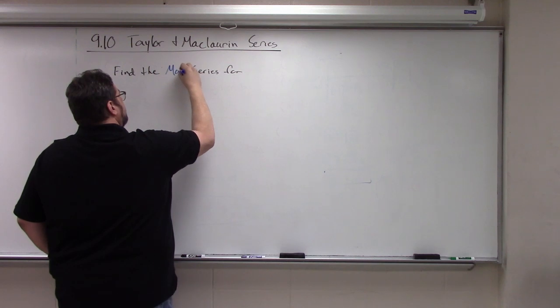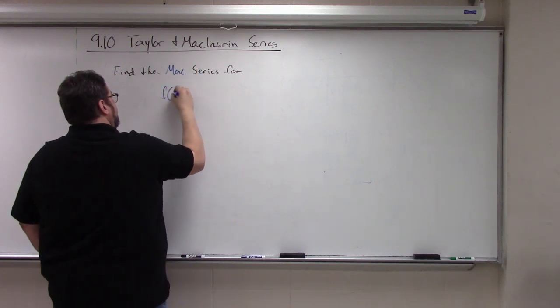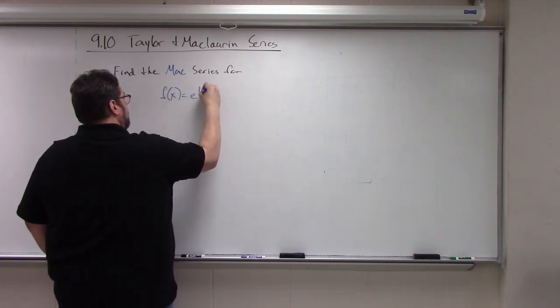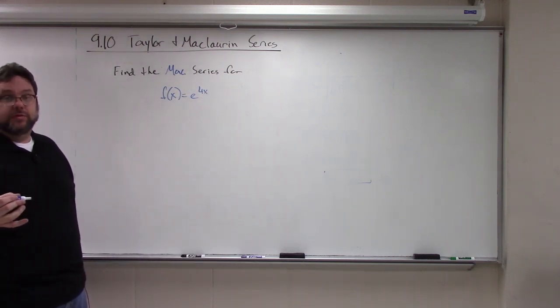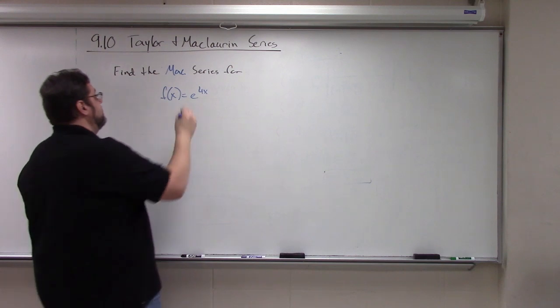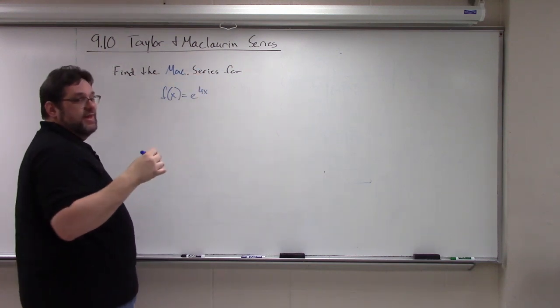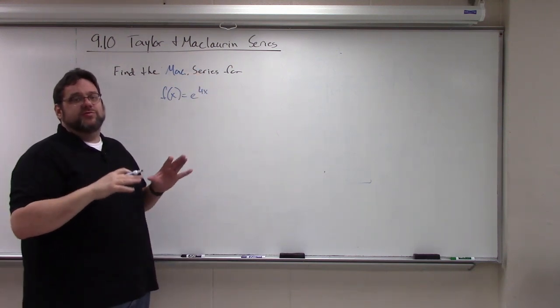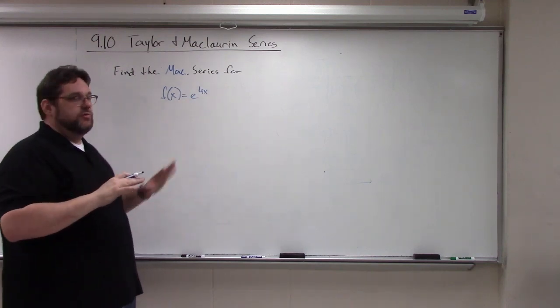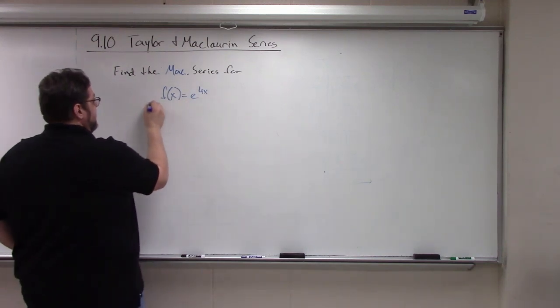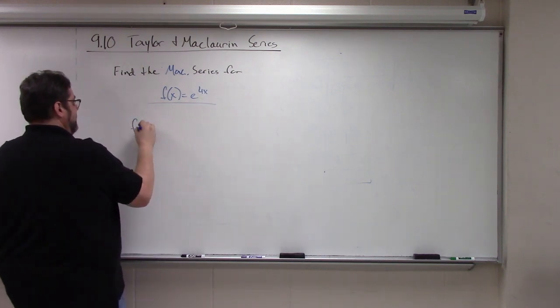All right. So this is Maclaurin series. And all we're going to do here is find the expansion. That's all that we're asked to do. We're not asked to find the interval of convergence. So I'm just going to skip straight ahead to finding derivatives and looking for a pattern.